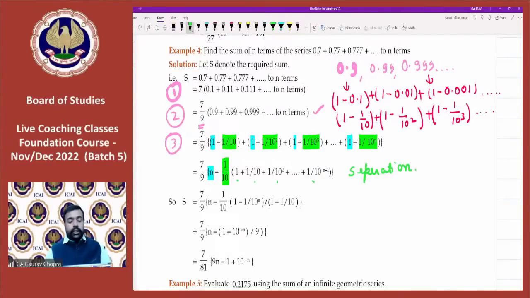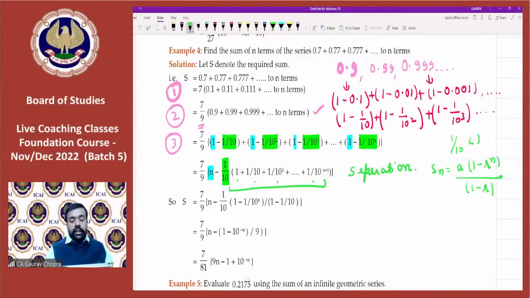So after separation, we have to apply the formula of geometric progression. Now here, what is the first term and what is the common ratio? So we can clearly see that common ratio is 1 by 10. Now 1 by 10 is less than 1. So we have to apply the formula, which one? Sum of n numbers is equal to a times 1 minus r to the power of n divided by 1 minus r.